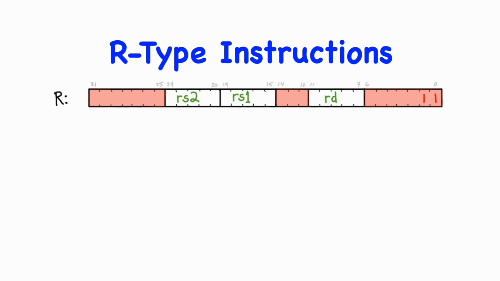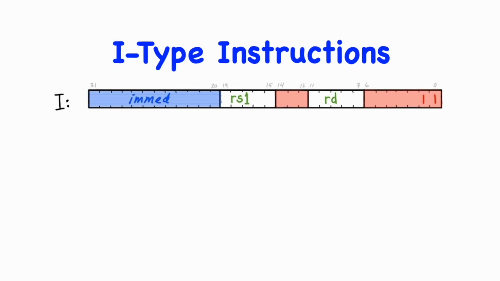These instructions take two source registers and place a result in the destination register. An example would be the add instruction, which adds the contents of two registers and moves the result into the register indicated by the RD field. Second, we have the I-type instructions.